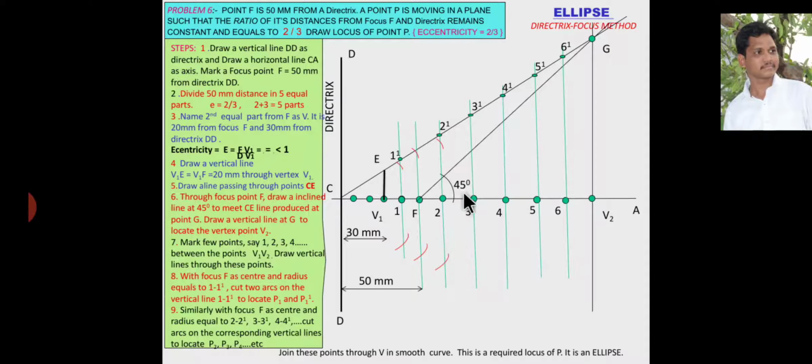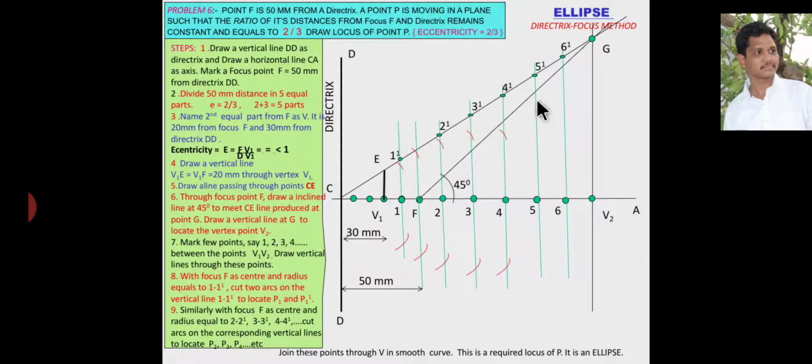Now 3 3 dash as radius and F as center, draw arcs on the 3 3 dash line. Similarly 4 4 dash as radius, F as center, draw arcs on the 4 4 dash line.